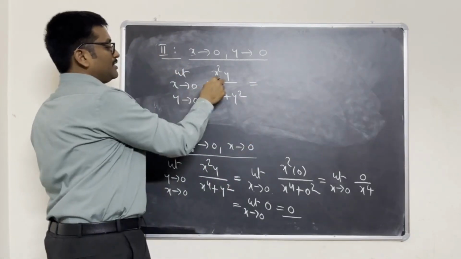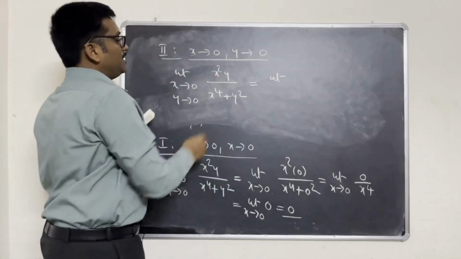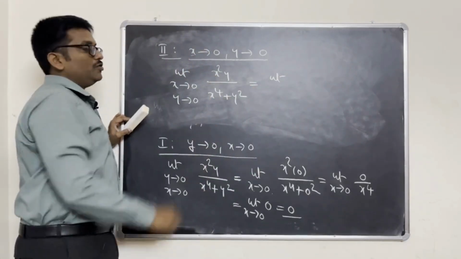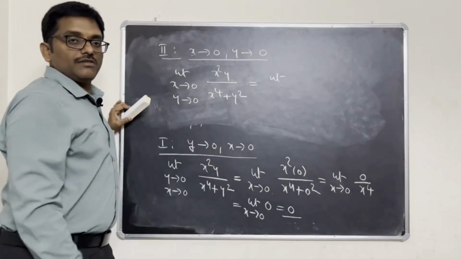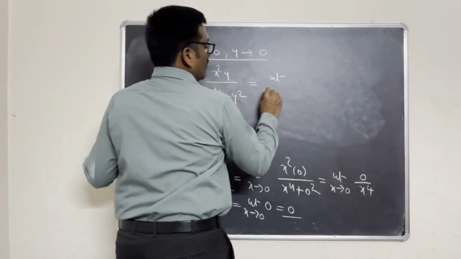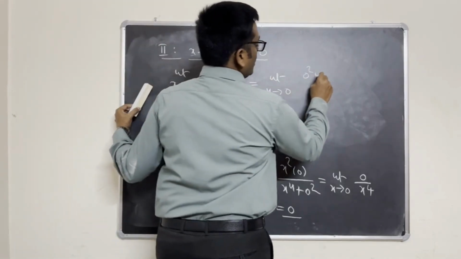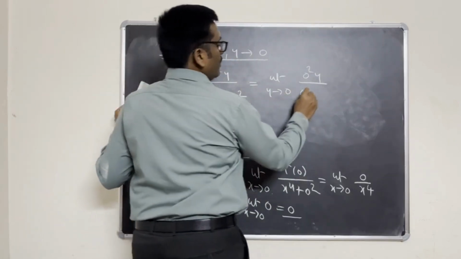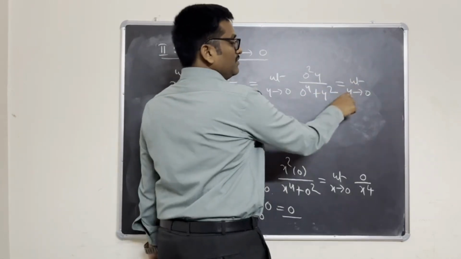First, if we substitute x tends to 0, because it is a rational function, numerator is a continuous function, denominator is a continuous function, so we can substitute here. So 0 square into y by 0 power 4 plus y square. That is limit y tends to 0.